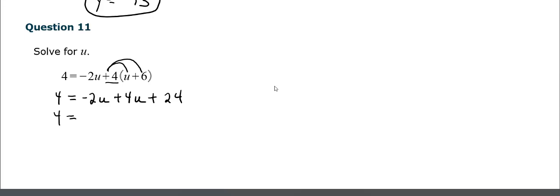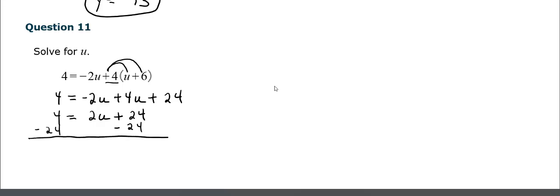Next, we're going to combine like terms. So negative 2u plus 4u gives us a positive 2u, and we still have that plus 24. Okay, now we're at the step where we isolate our variable. So that means I need to eliminate the positive 24 on the right hand side by taking the opposite to both sides.